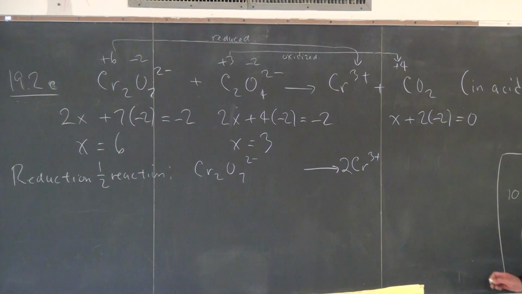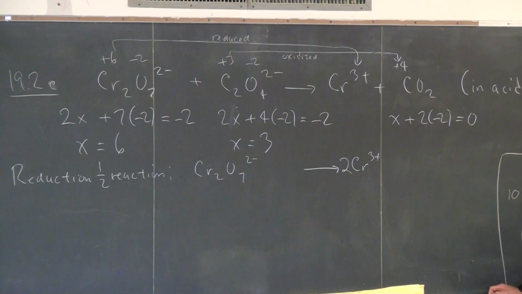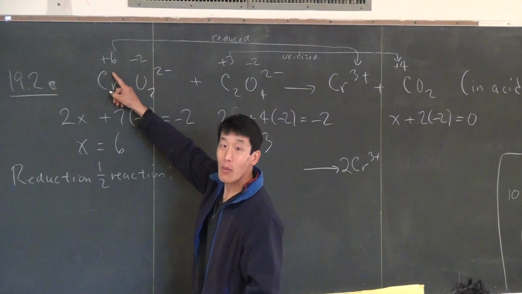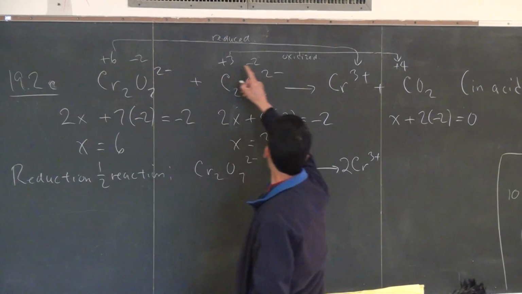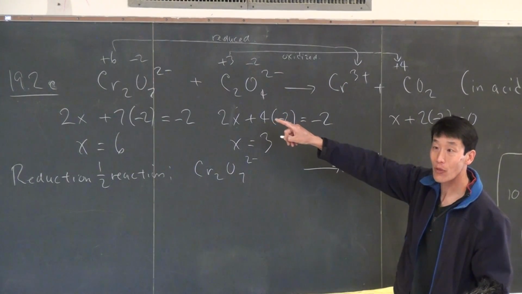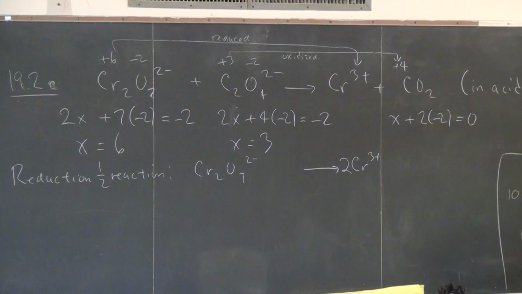How many electrons are transferred going from Cr2O7 2- to Cr3+? You have to look at the charge. One chromium ion here has a +6 charge, and one chromium ion there has a +3 charge, but we have two chromiums in Cr2O7. Since it's an oxidation reduction reaction, there has to be electron transfer.